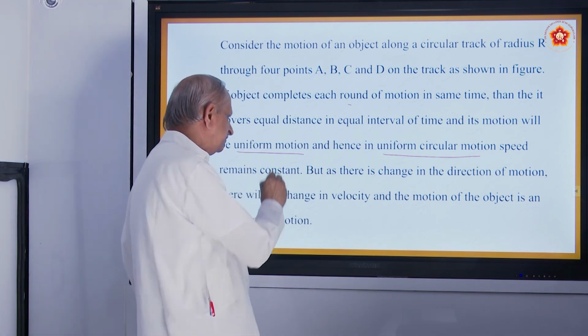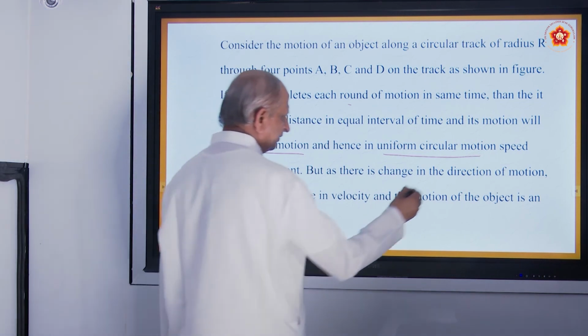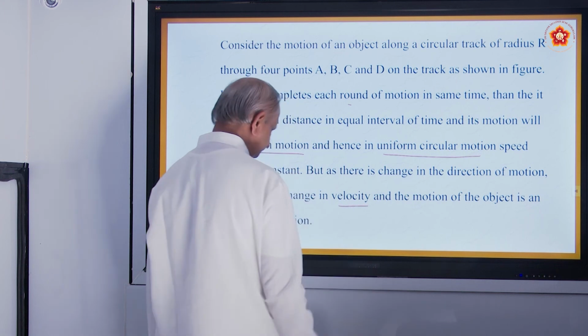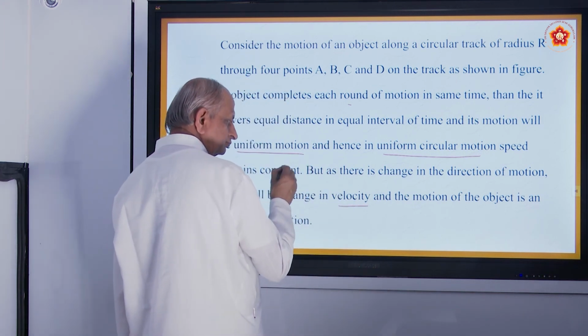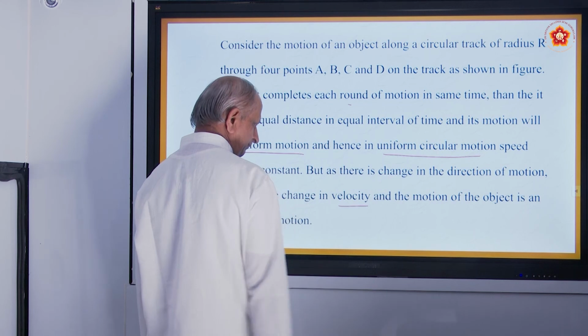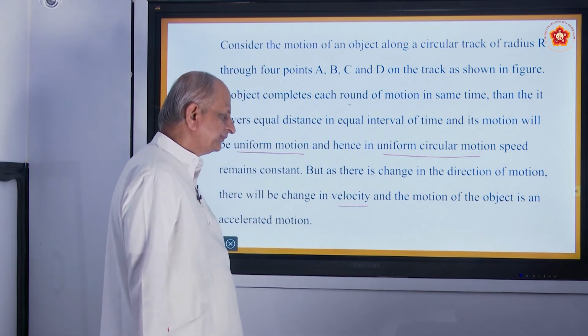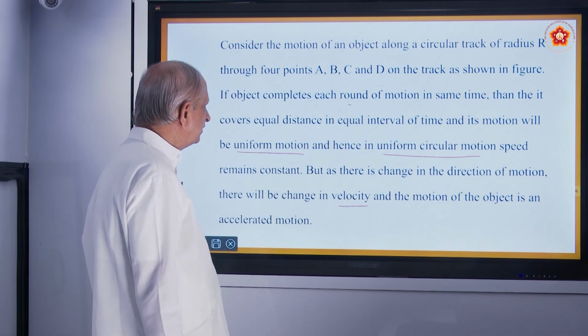Here speed remains constant. As there is a change in the direction of motion, there will be a change in the velocity. So, speed remains the same, but velocity changes. Why does it change? The direction of the body moving will be changing.